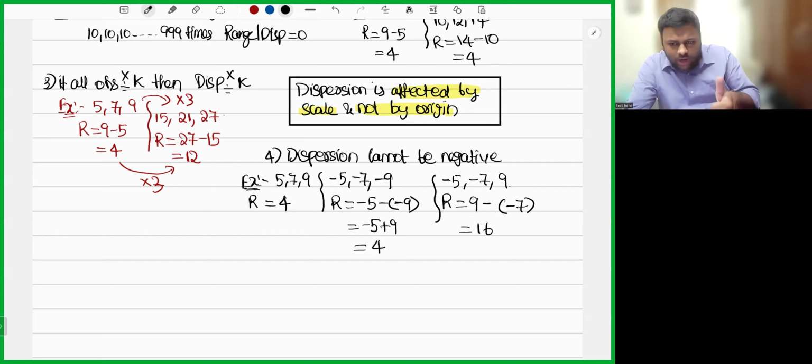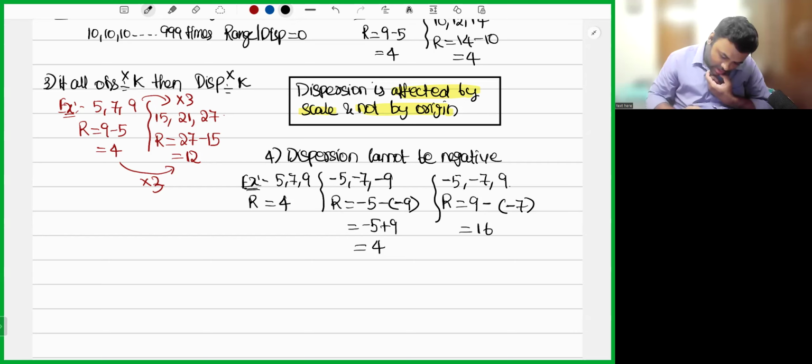First, if all observations are constant, dispersion is 0. Next, if all observations are increased or decreased by a constant, dispersion is not increased or decreased by the constant. If all observations are multiplied or divided by a constant, dispersion is also multiplied or divided by the constant. Dispersion can never be negative. Final answer cannot be negative. If it comes negative, you apply modulus and make it positive.